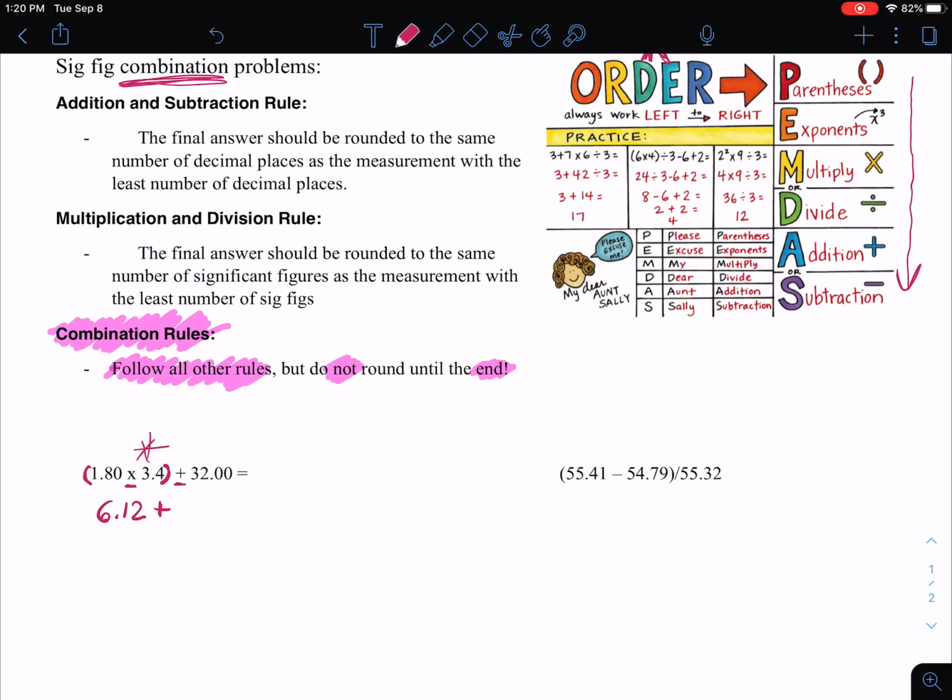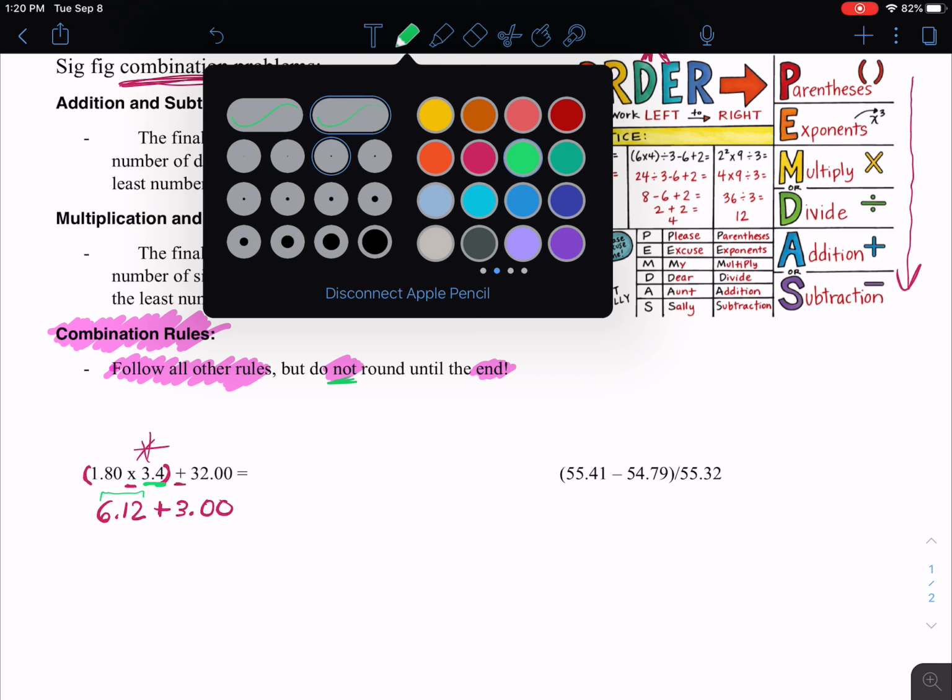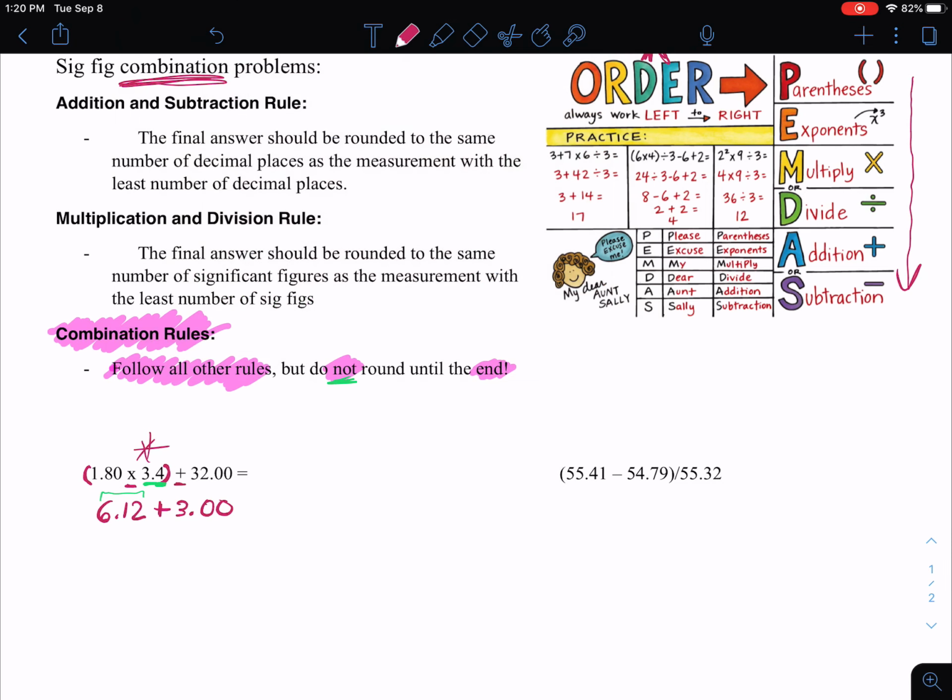Now that's plus 32.00. Now, I absolutely know you're going to tell me the rule for multiplication says we've got to round here to 2 sig figs, and there's 3 here, Mr. Krupa. Yes, I know there are 3 there, but remember, we do not round until the end. So now we're going to do the addition.